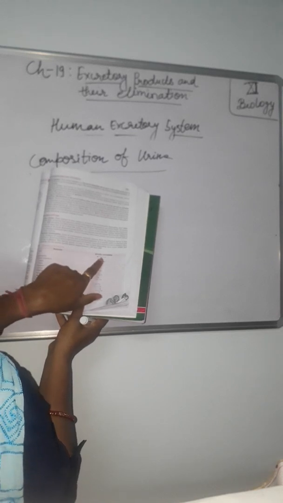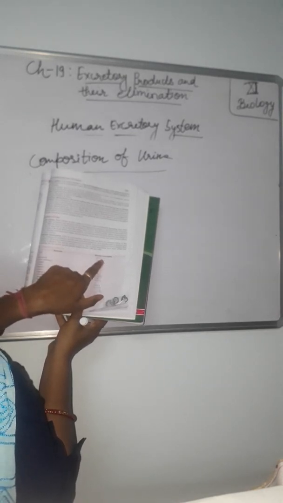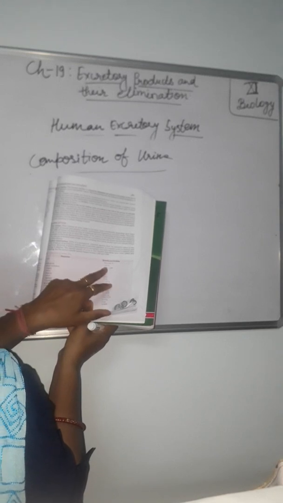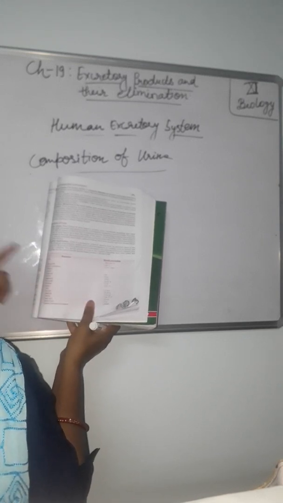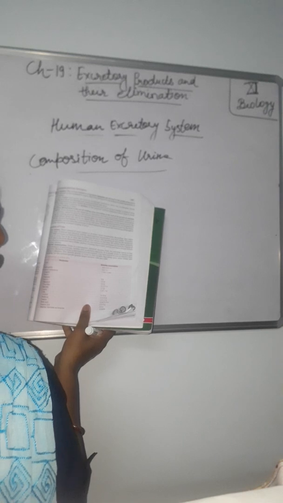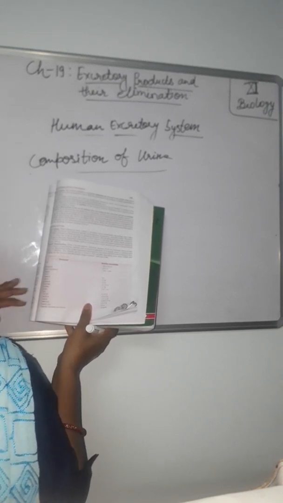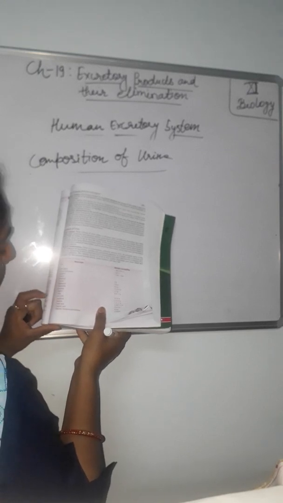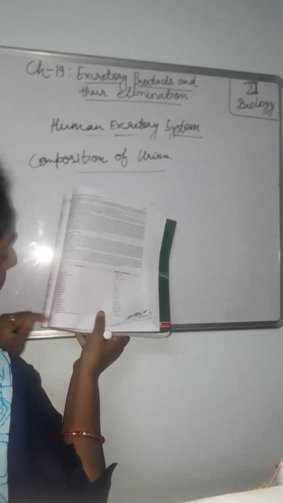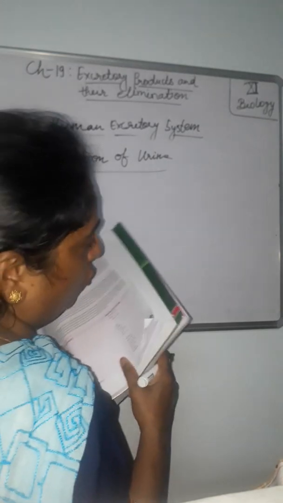Volume, that is 800 to 2500 ml, pH 4.8 to 7.5, specific gravity 1.001 to 1.040, एंड केमिकल ऑर्गेनिक एंड इनऑर्गेनिक दोनों दिए हुए हैं, ठीक है। इनऑर्गेनिक में क्या आएगा, सोडियम, पोटेशियम, कैल्शियम, मैग्नीशियम, फॉस्फेट एंड सल्फेट। ऑर्गेनिक में क्या आएंगे, यूरिया, यूरिक एसिड, क्रिएटिन, क्रिएटिनिन, ऑक्सैलिक, हिप्यूरिक एसिड, विटामिन, हार्मोन्स एंड एंजाइम also in the form of traces is given. Just go through it.